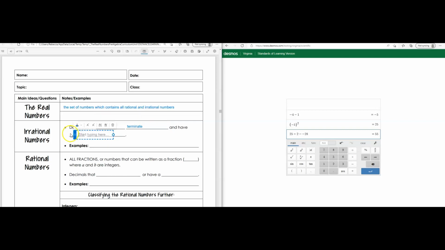And they never repeat. So it's a decimal that never ends and it never repeats.